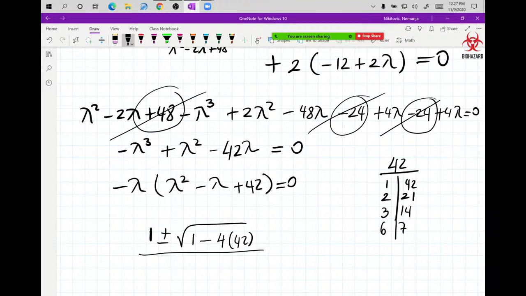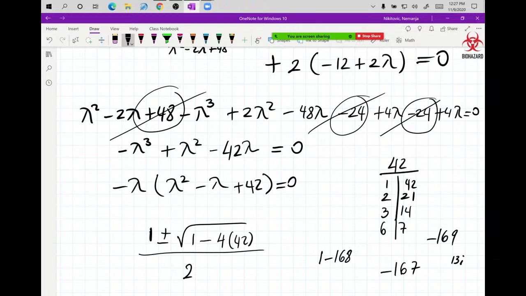Like it's short even to be beautiful for complex. Because 4 times 42 is negative 168. And when you do minus, you get negative minus 167. You need negative minus 169 for 13i.